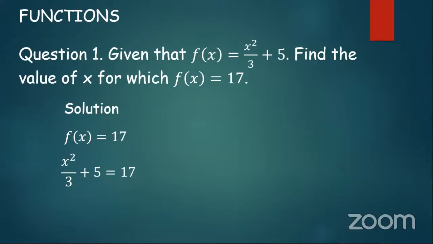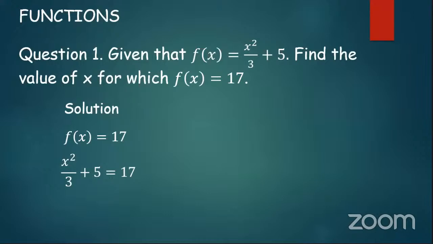You multiply by 3 on x squared over 3, then 5, then 17, to remove the denominator. Remove the denominator. Thank you very much.